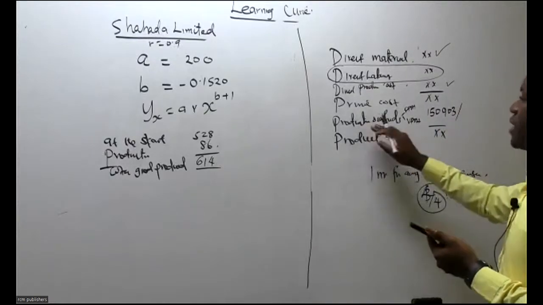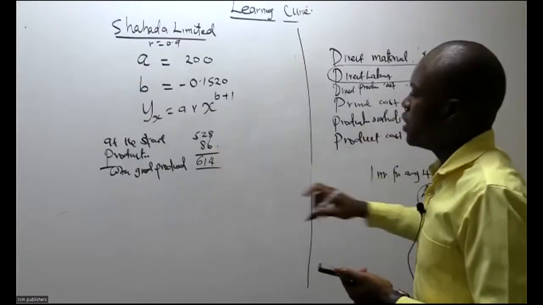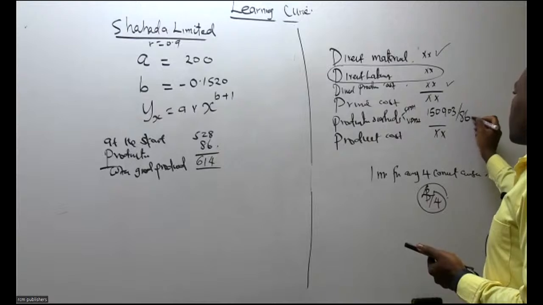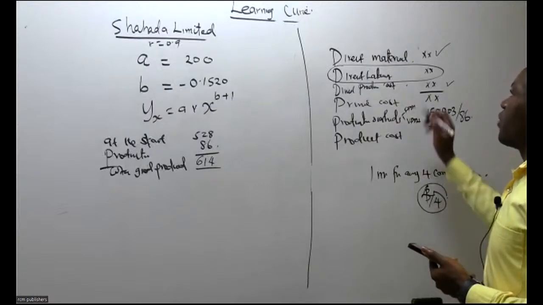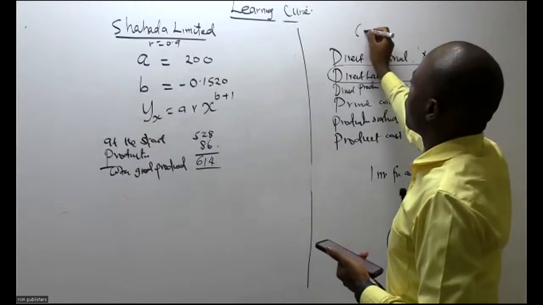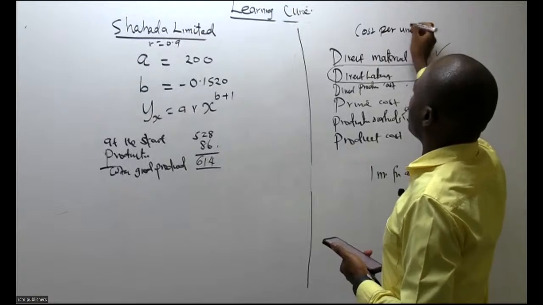But this overheads depends on the units of output, which in that particular period is equivalent to 86. Is it? That's what we need to get for us to have cost per unit.